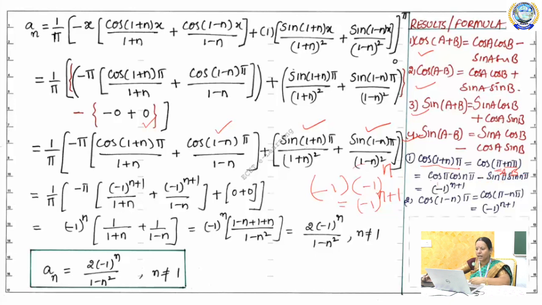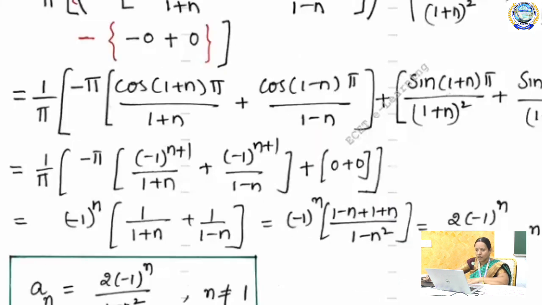So we get cos (1 plus n) pi equals minus 1 power n plus 1. Similarly, we will evaluate cos (1 minus n) pi, which is also minus 1 power n plus 1.